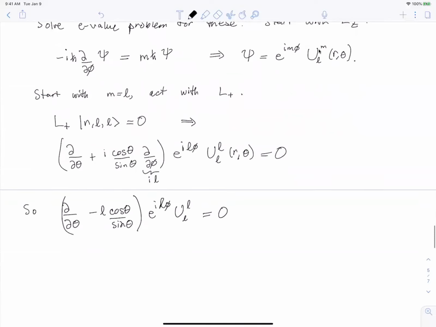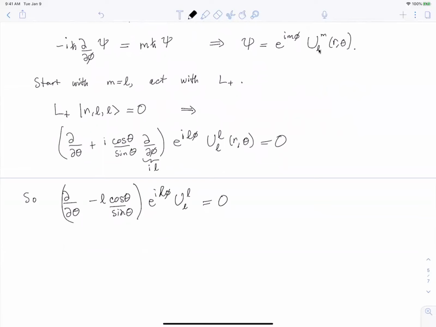But now the nice thing is I don't have any more derivatives or phi's involved except this one multiplicative factor here. And because the whole thing's supposed to be equal to 0, I can just cross that out and rewrite the equation as d by d theta acting on u_LL equals L cos theta over sine theta times u_LL.